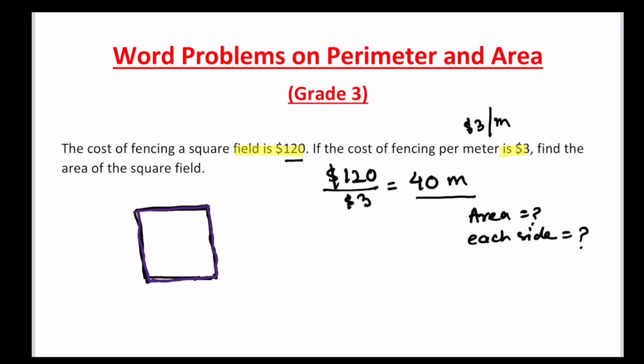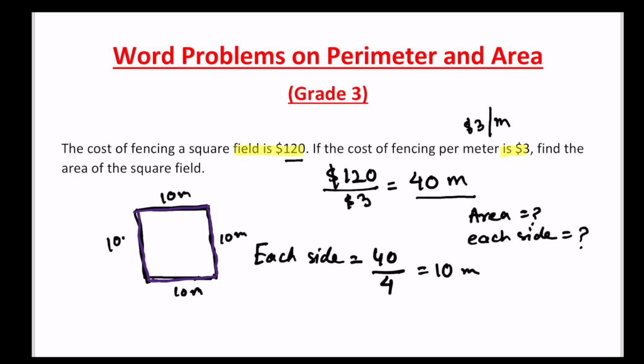The perimeter is 40, so each side will be 40 divided by 4. A square has 4 sides. Each side is equal. If we divide the whole perimeter by 4, we can find the measurement of each side. So 40 divided by 4 is 10 meters. So each side of this square field is 10 meters.